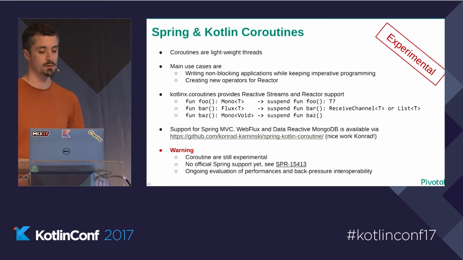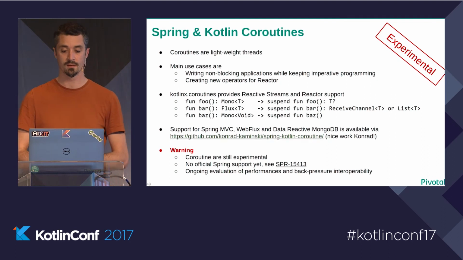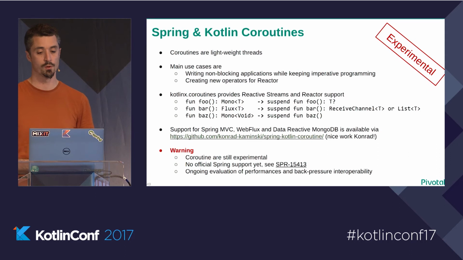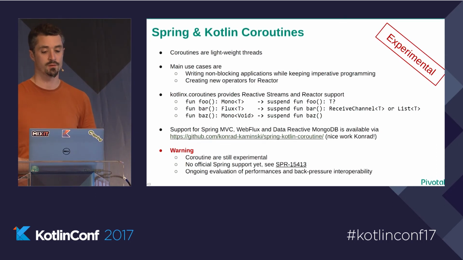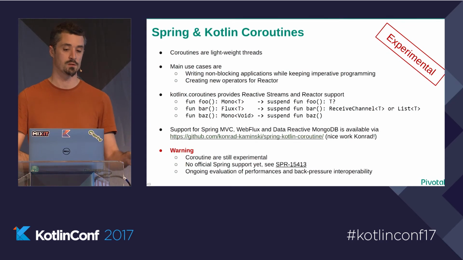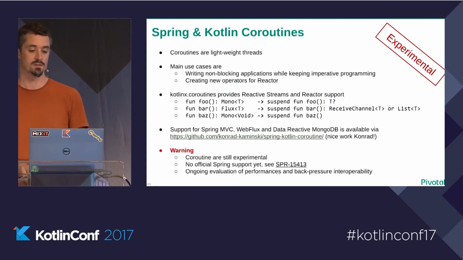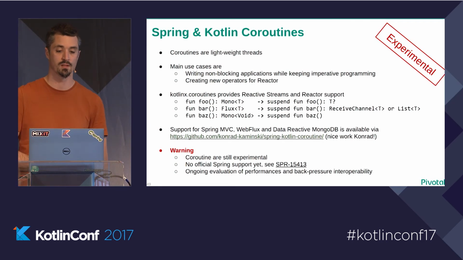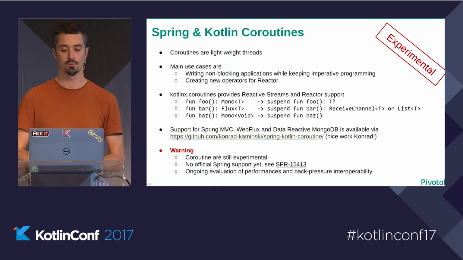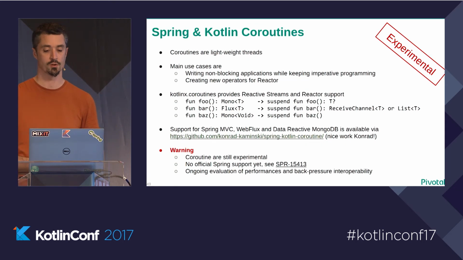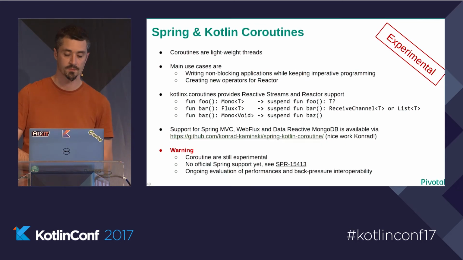Kotlin's coroutine library provides support for Reactive Streams and Reactor. So Mono will translate to a suspendable function of nullable of T. Flux will translate to a receive channel if that's a stream, or a suspendable list if that's more like an asynchronous collection. And Mono of Void will just translate to a suspendable function that just returns Unit.